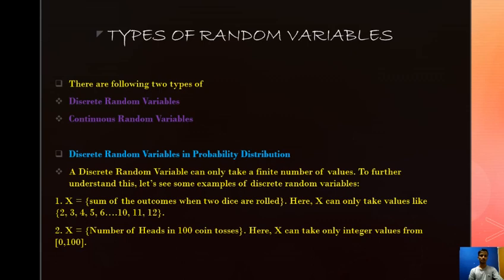Subquestion 1, x is equal to sum of outcomes when two dice are rolled. Here x can only take values like 2, 3, 4, 5, 6, up to 10, 11, 12. Subquestion 2, x is equal to number of heads in 100 coin tosses. Here x can take only the integer values from 0 to 100.